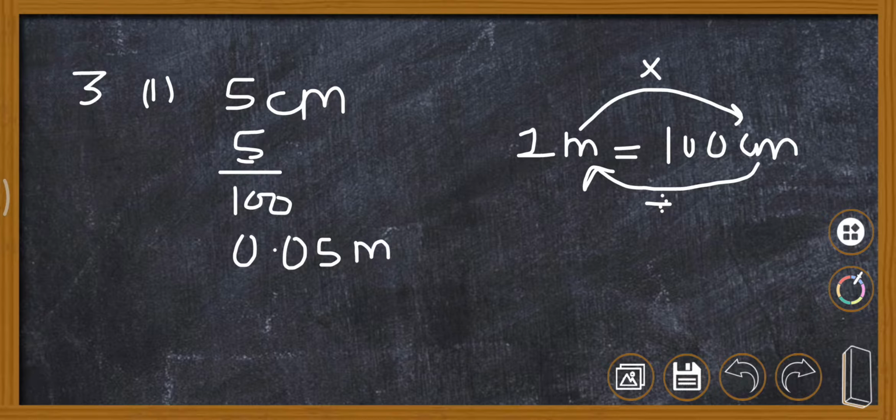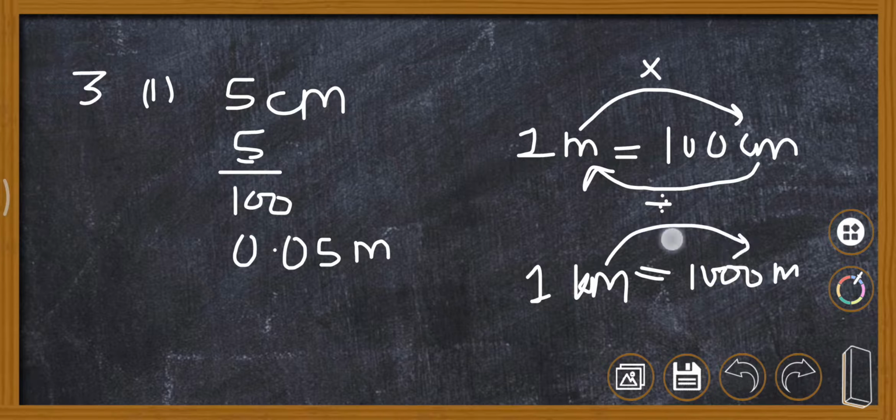Now convert this to kilometer also. So you know that 1 kilometer is equal to 1000 meter. So again, if you are converting kilometer to meter, then multiply, or if you are converting meter to kilometer, then divide.